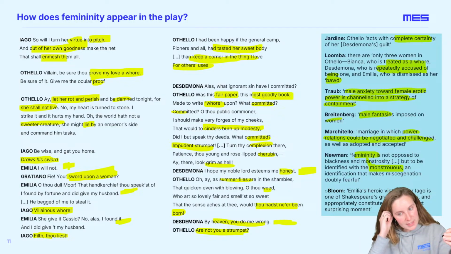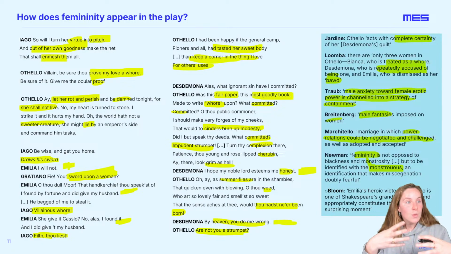We also have this idea then of miscegenation. So not only is there this monstrousness of blackness, there's also this monstrousness of femininity. So paired together, we have this doubly transgressive union.